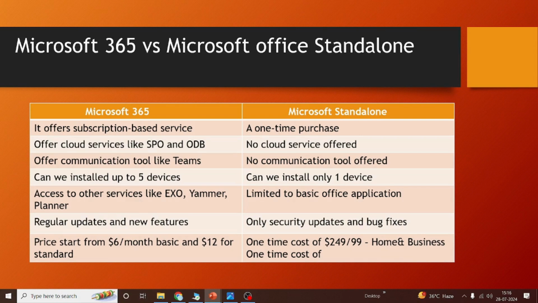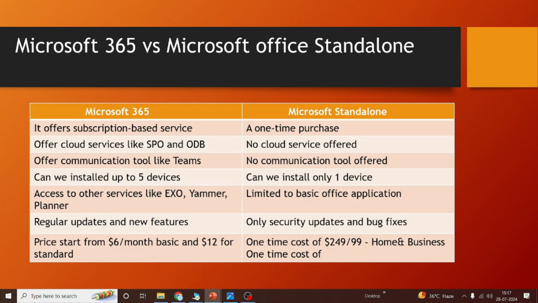So if you see, Microsoft 365 starts with $6. Again, depending upon which country you're watching this video from, the prices may vary. It may include taxes and everything, but this is what I'm talking about in the United States. The business basic starts with $6 and the business standard starts with $12.